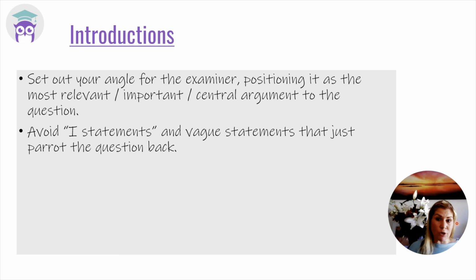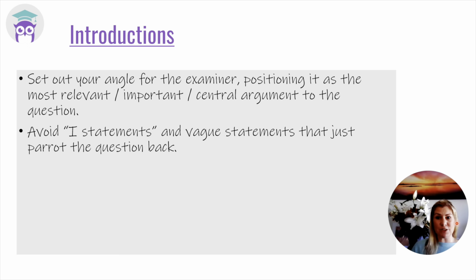But you're going to avoid I statements. You're not going to say, I think that, blah, blah, blah. You might instead say, arguably, the most central relationship affected by social constraints is the relationship of. Arguably, that's your way of hedging. Also be careful of vague statements that just parrot the question back.